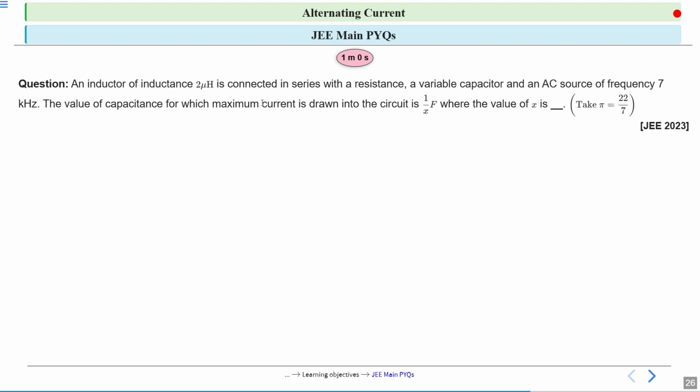Resonance. It is given that maximum current is drawn at 7 kilohertz, so this is the resonant frequency. Maximum current is drawn, which means XC is equal to XL at this condition. We have to calculate the capacitance, which is in the form 1 by X farad, so you have to calculate the value of X. Take pi equal to 22 by 7. Okay, so I will give you some time to think about it.